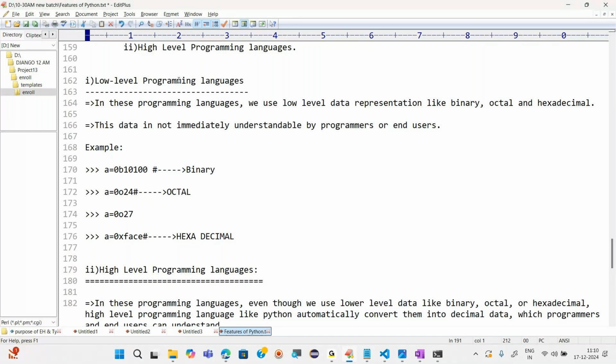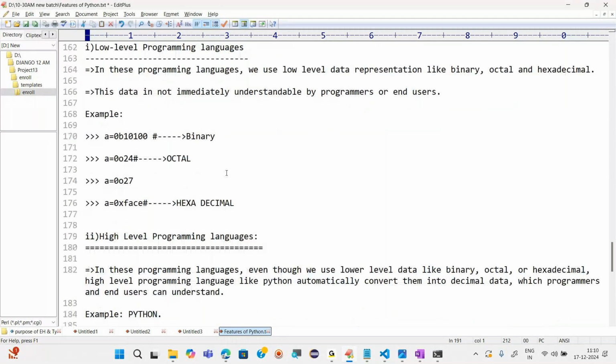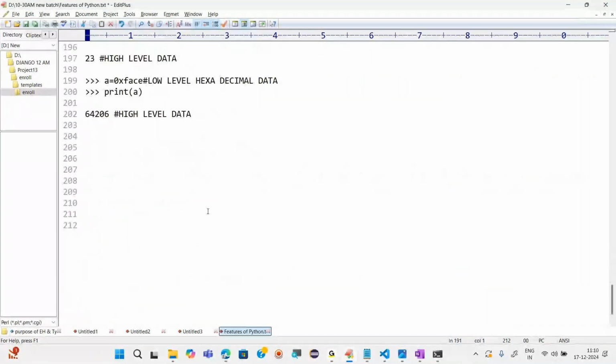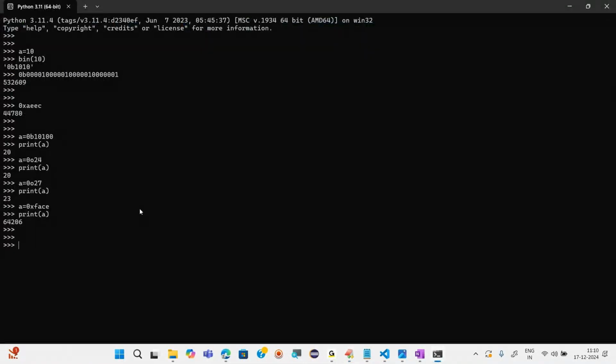We do not have to take pen and paper and calculate. Internally, implicitly, Python will convert those low level data into high level data. That's it. Clear?